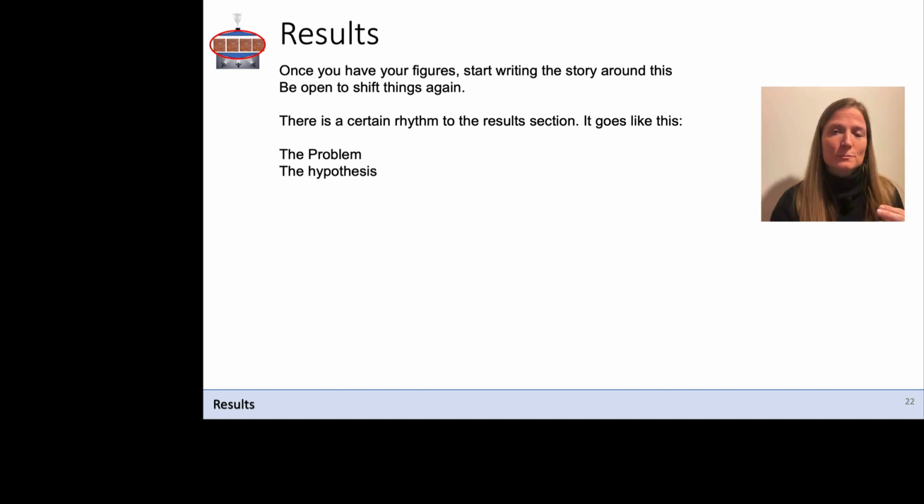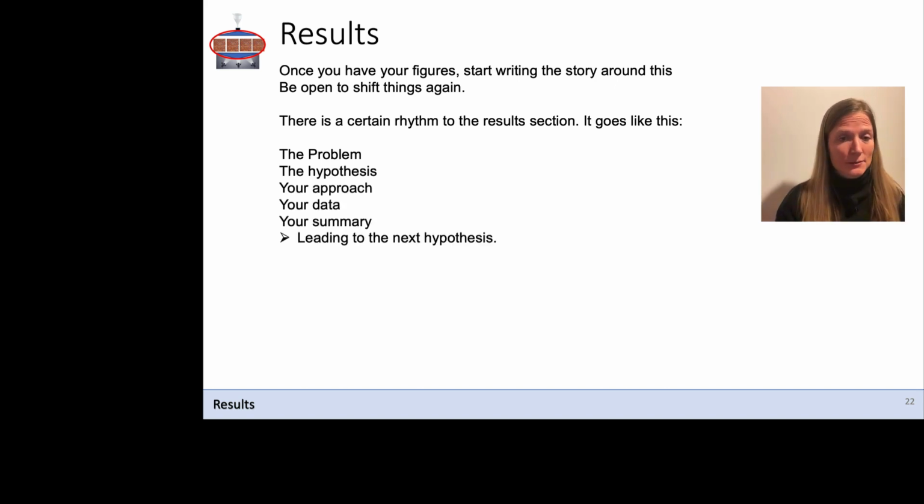You state the problem, you state your hypothesis, your approach, your data, your summary, and this leads to the next hypothesis. Now, this sounds a lot like the overall paper, but I mean that within the results section, every paragraph has this rhythm again.